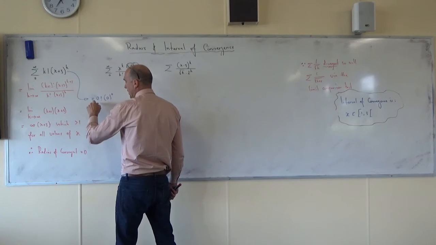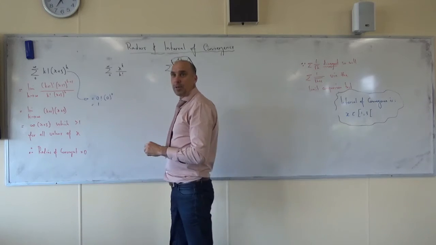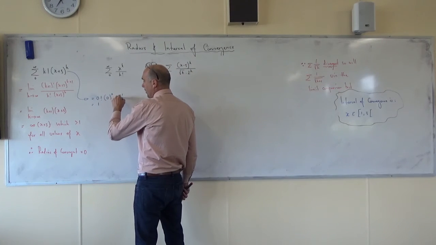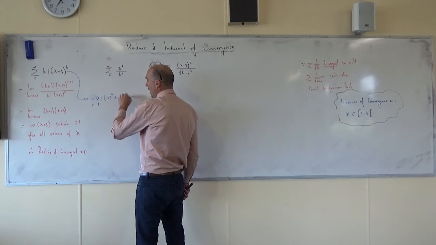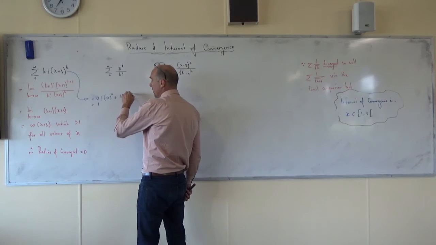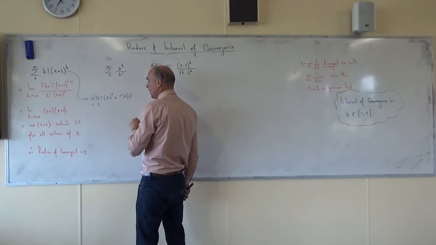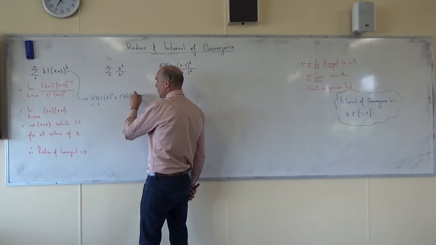In this case, that's equal to 1. So my first term is 1. What's my second term? 1 factorial times 0 to the power of 1, sorry. Yeah, plus 2 factorial.